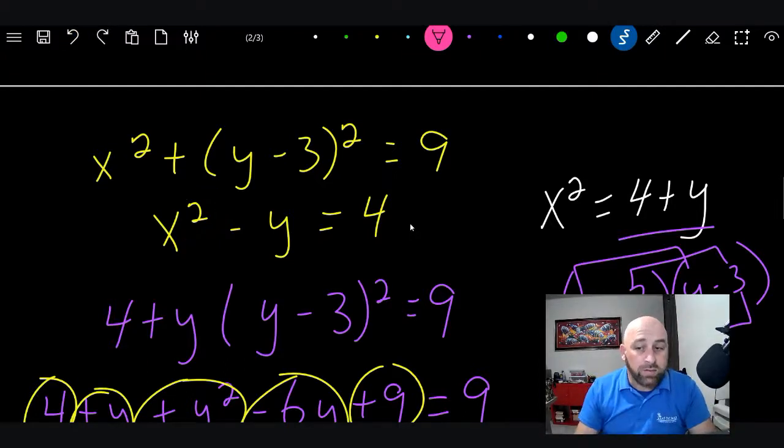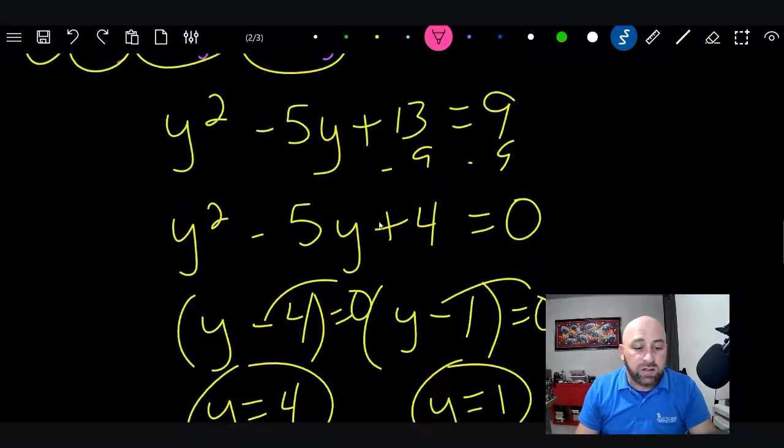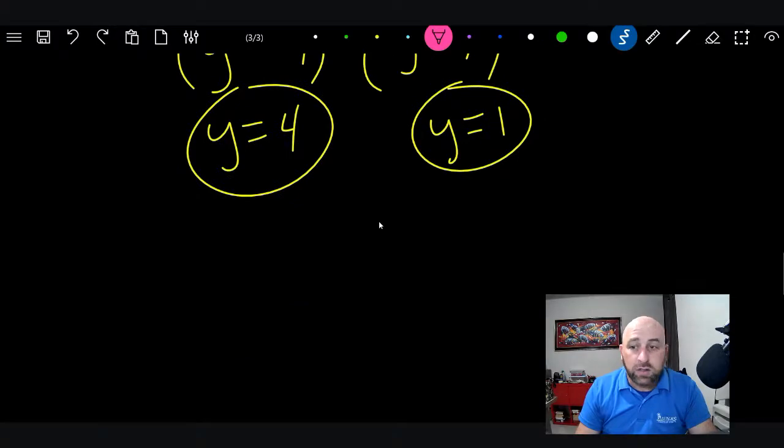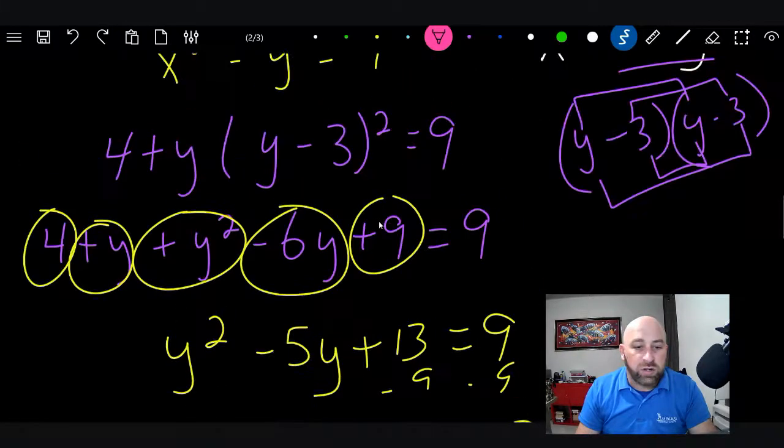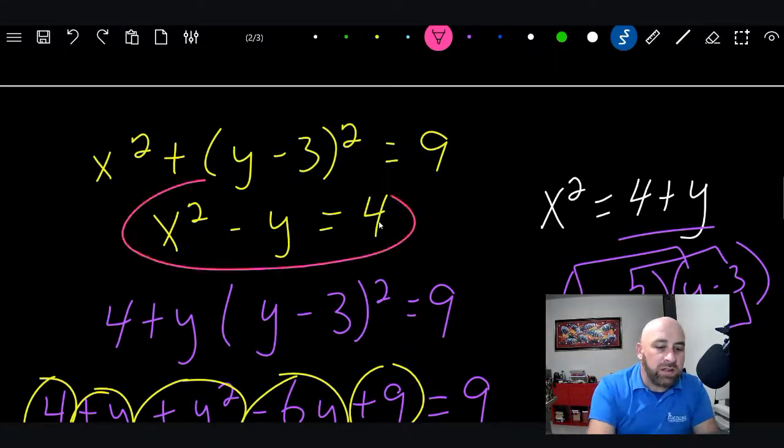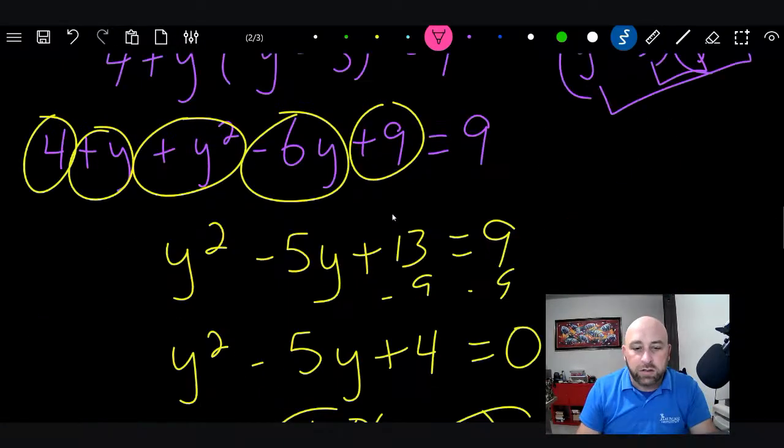Now what I would do is I would just go ahead and substitute back in those y answers to your original equation. Which original equation? I would go into this one because it's going to be a little easier.